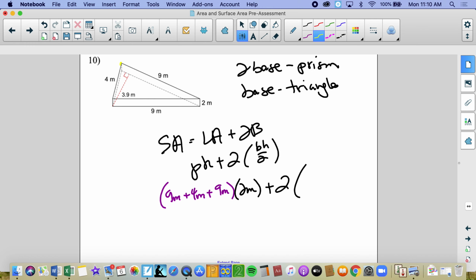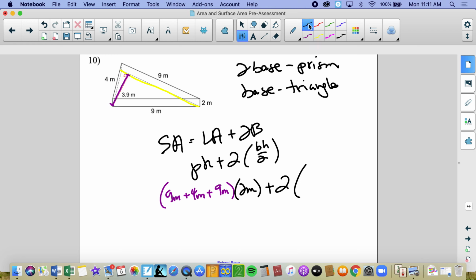What if I used, if we're looking at the bottom one, that's my base on the bottom. Do I have a distance from the base to the top that is perpendicular? Nope. So I need to use this line, which is 9 meters, because I have a perpendicular base from the bottom of the object to the top.